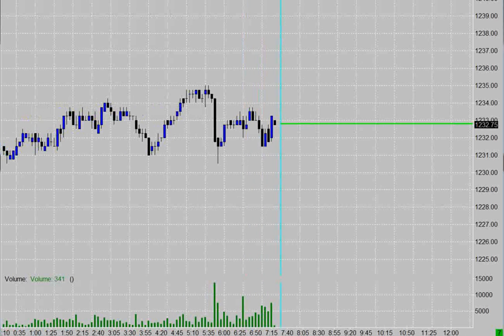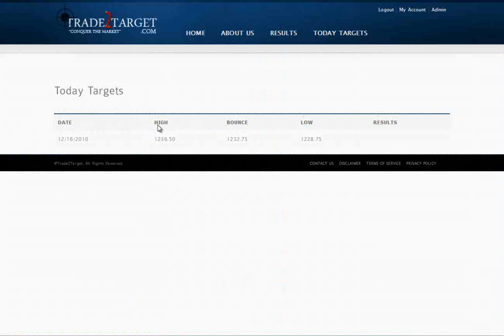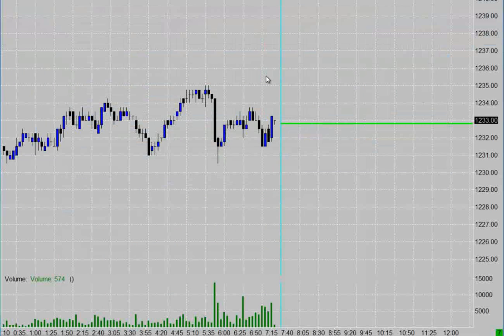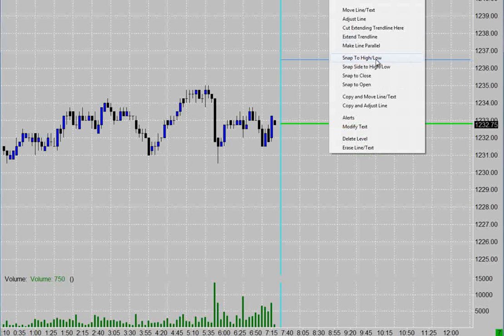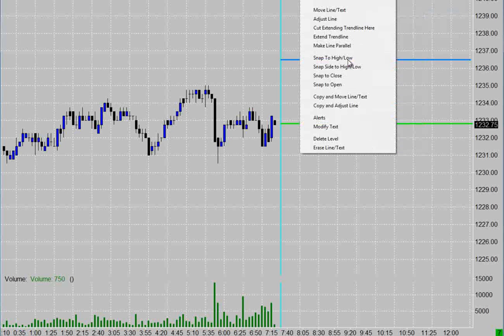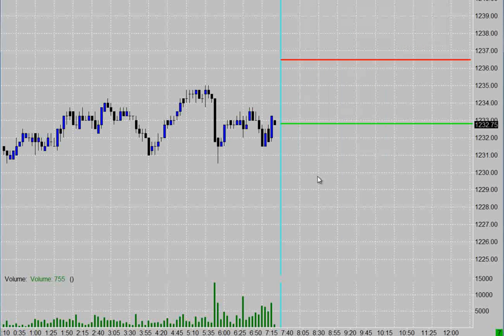And the next target I want to do is the high target. If the market opens up above our bounce line, this is the direction I'm looking to go. So it is 1236.50, it looks like. So I'm going to go down here, draw in at 1236.50. I'm going to change the colors here also.